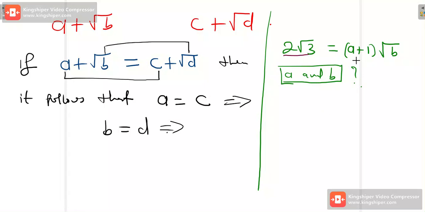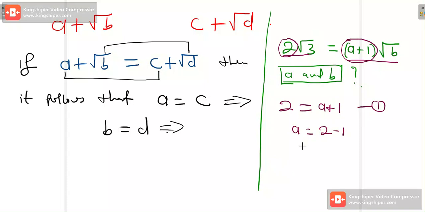Since this set is equal to this, compare the rational part. You can see that from this set, the rational part is 2. It means that it has to be equal to the rational part in the other set, which is going to be a plus 1. So we have formed one equation, and we can solve for a from here. So a should be equal to 2 minus 1, and our a is equal to 1.